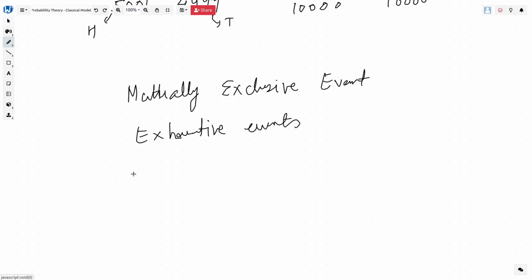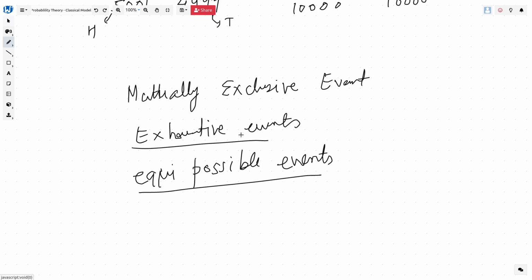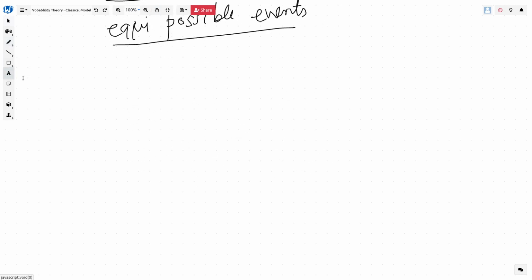And finally we define equipossible events. These are the few terms which we will be requiring for the classical model of probability. So let's see what all these terms mean. We will explain that using this.